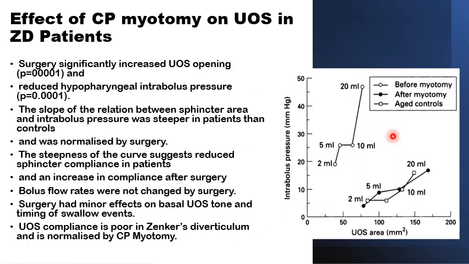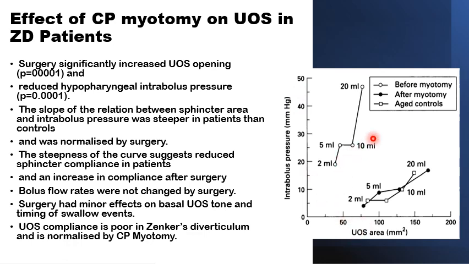This plot would explain why the essential part in the surgical management of pharyngeal pouches is Cricopharyngeus myotomy. This plot explains the relation between the size of the opening into the esophagus, the upper esophageal sphincter area in millimeters square, against the intraluminal pressure in the lower hypopharynx, upper esophagus, that is required to open up the upper esophageal sphincter.